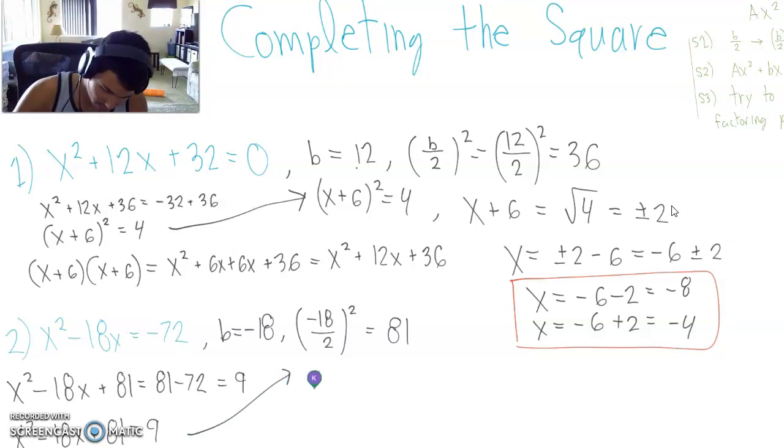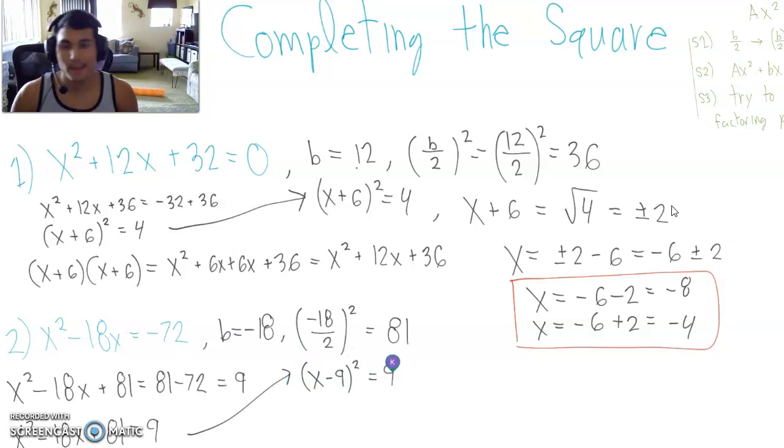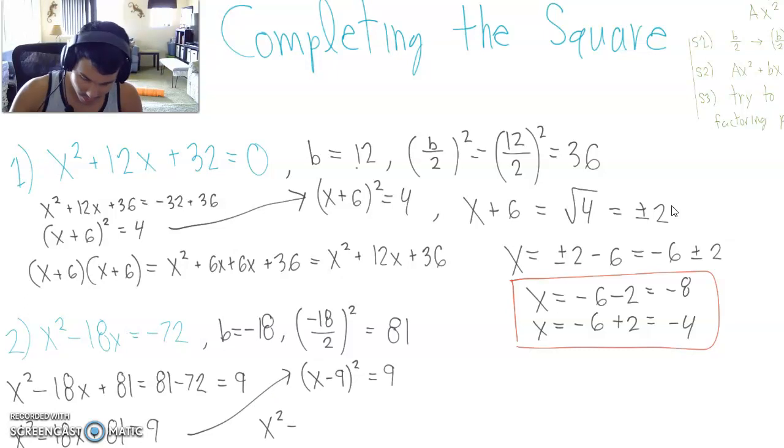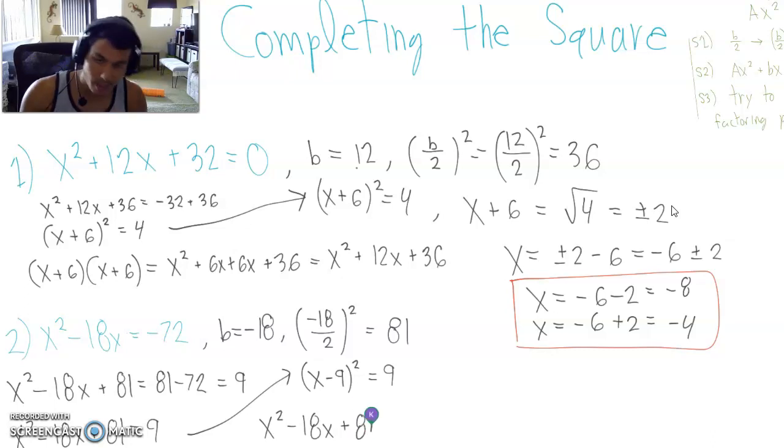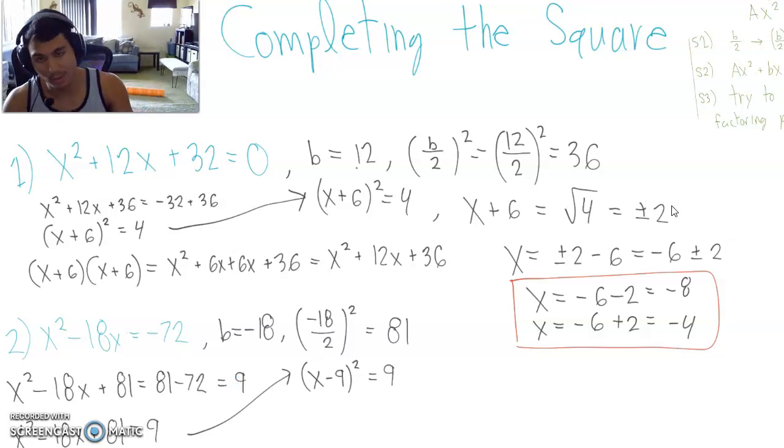So you could write it as x minus 9 squared is equal to 9. And I will write the bottom part just to prove it to you guys. x squared, negative 9 times 2x is negative 18x plus 81. Okay, so it does work, right? Good, good. So I'm going to erase that. I just wanted to prove it to everyone that it does work.